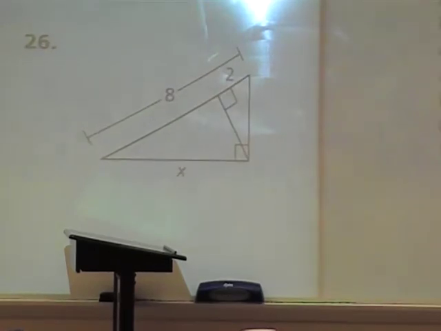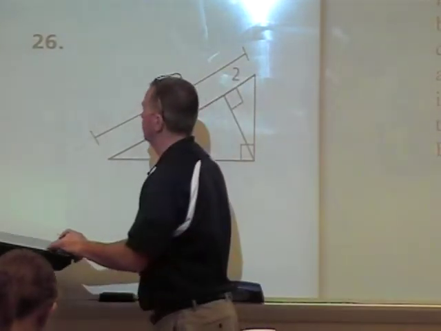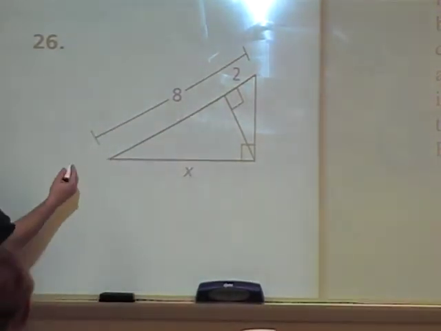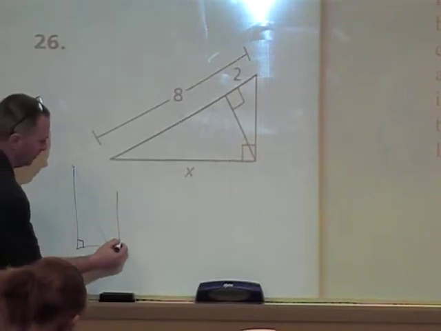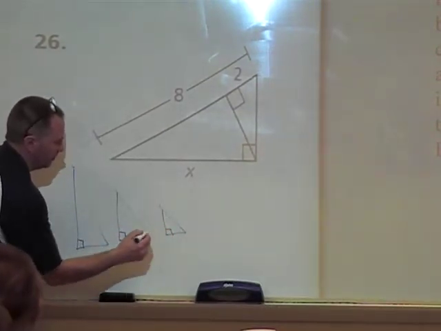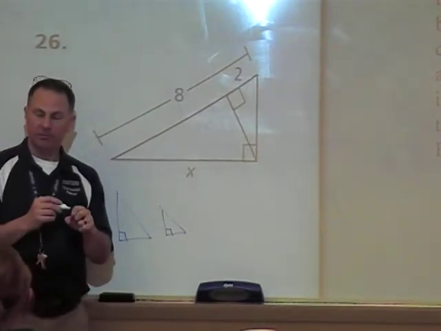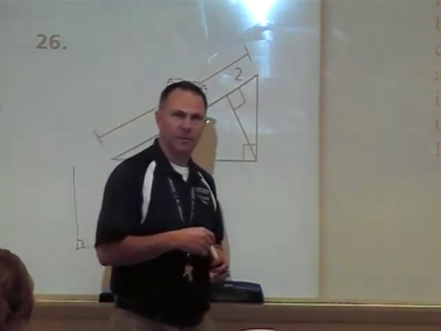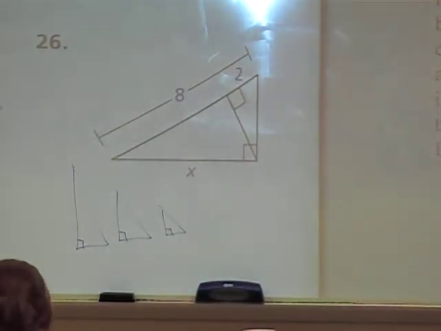There's 26. I'm going to draw 3 triangles. So, big triangle, medium triangle, and small triangle. Now you set it up as much as you can, then we'll be done. I'll finish it with you. Try to set it up. Try to put everything in the right positions.